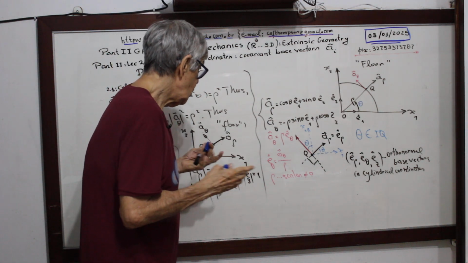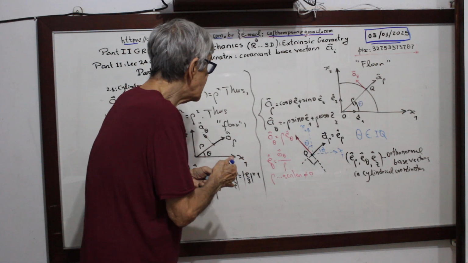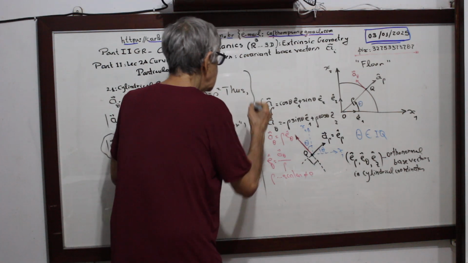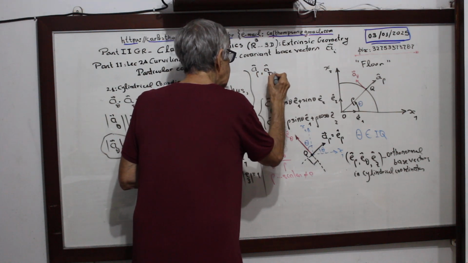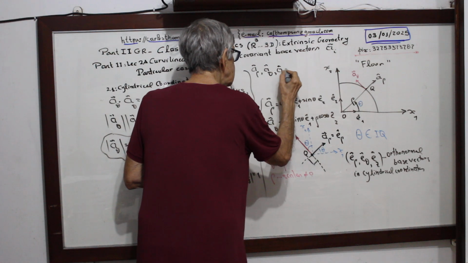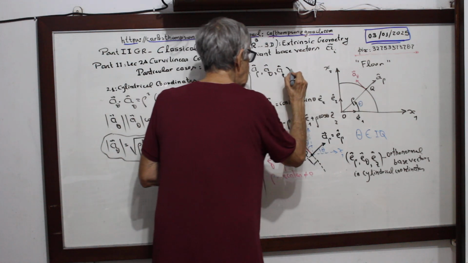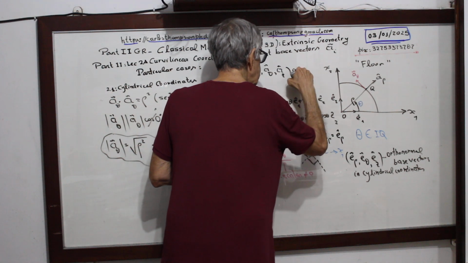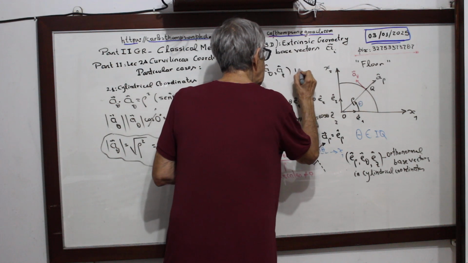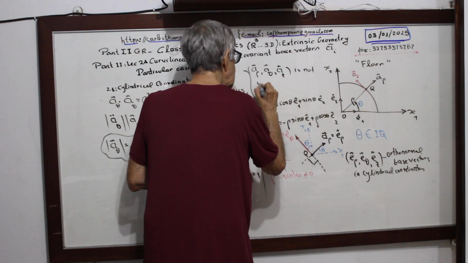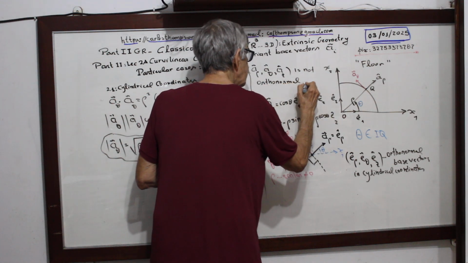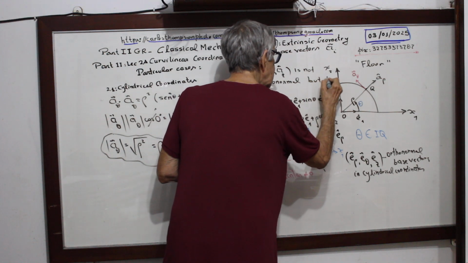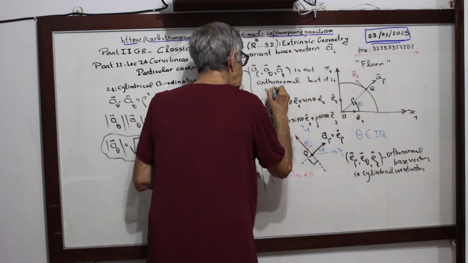So I will emphasize here just for you to understand: a rho, a theta, a z are the base vectors, and this system is not orthonormal, but it is orthogonal.